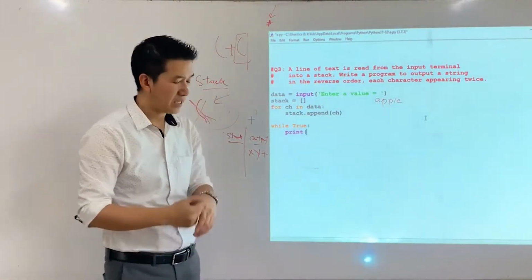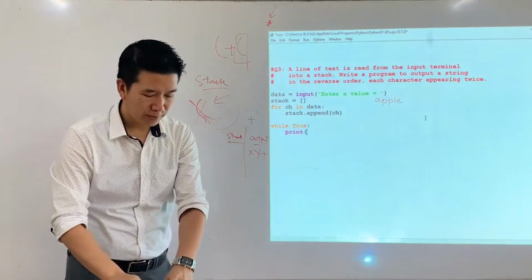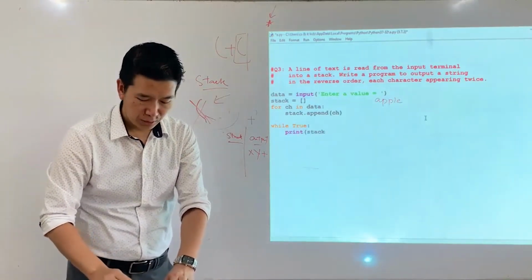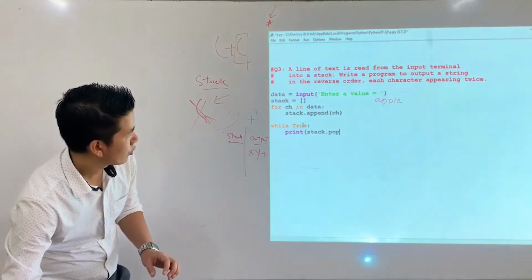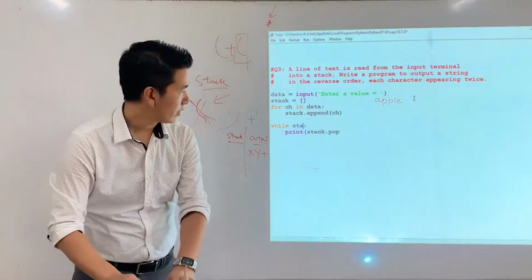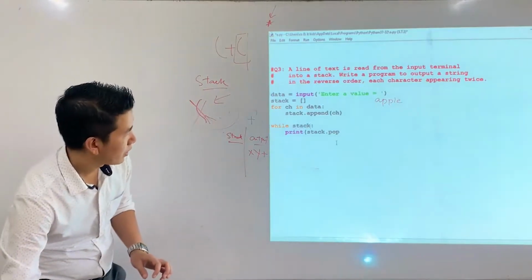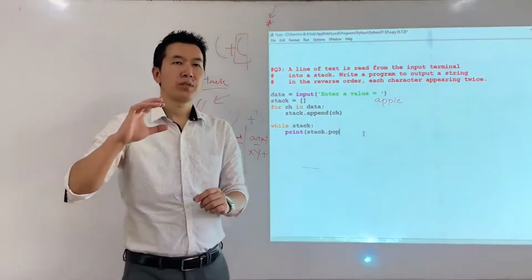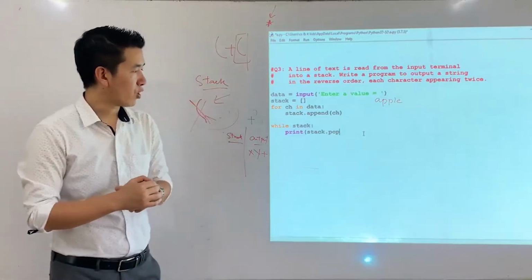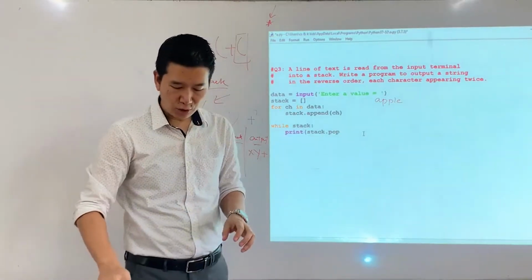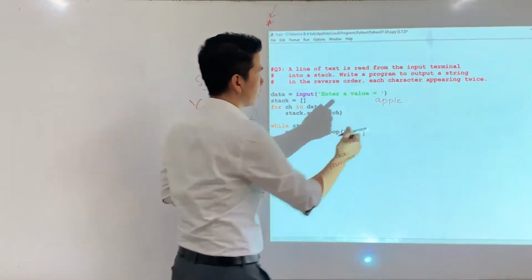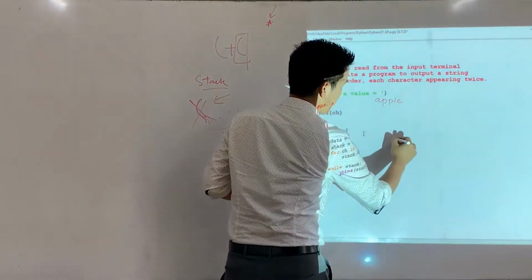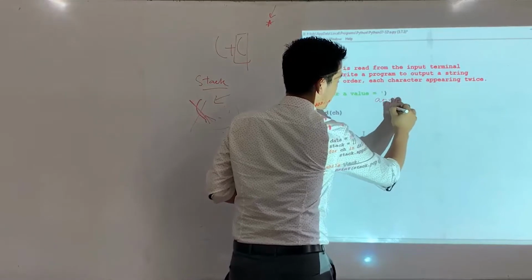You have stack dot pop. Or perhaps you can just write stack here in order to make the coding simple. Otherwise, I'll have to use the break statement to come out of the loop. Stack dot pop.